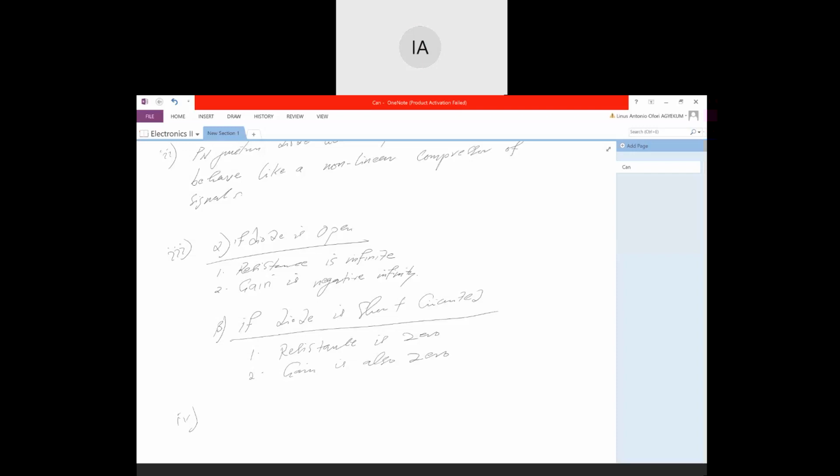But if it is open circuit, it means that resistance in the circuit is infinity, is very high, in both forward and reverse directions. So you are not likely to have the diode getting burnt. Do you understand? Yes. Okay. So that is basically the solution for IV.